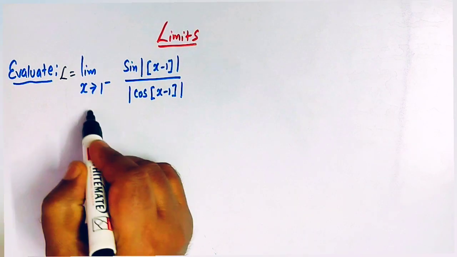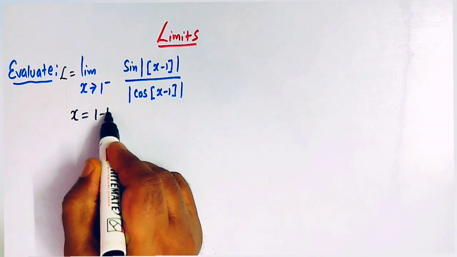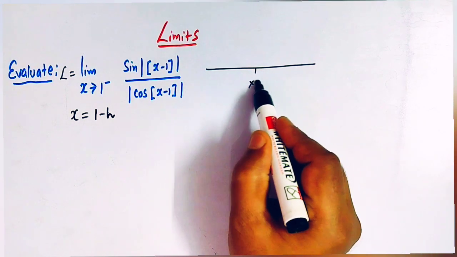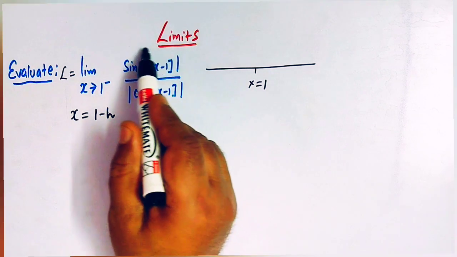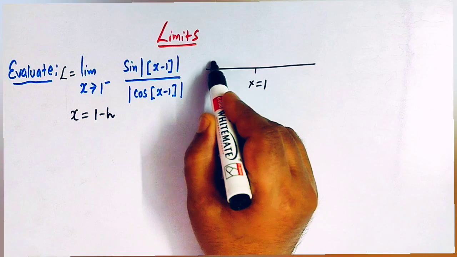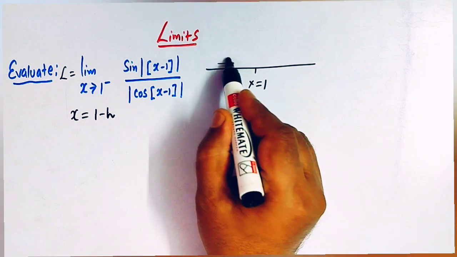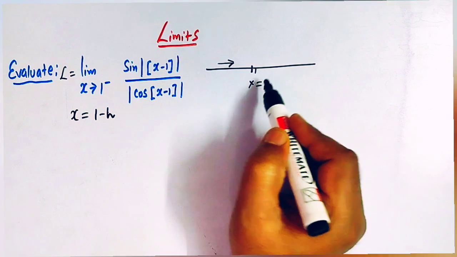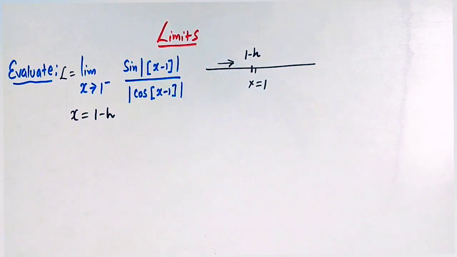Here we will take x equal to 1 minus h. We have to find the left hand limit of this function when x approaches 1, so x approaches 1 from the left, and in the neighborhood of x equal to 1 we have the point 1 minus h.